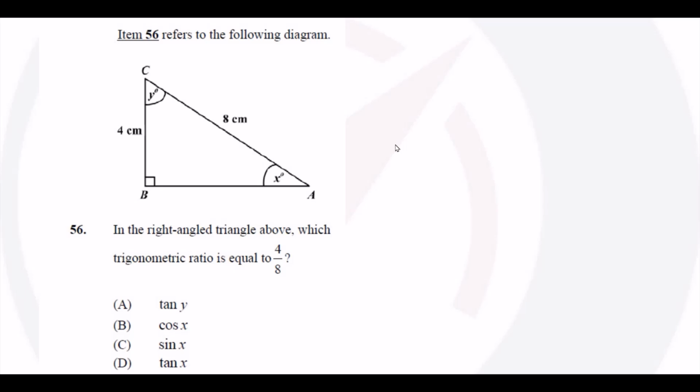Question 56 refers to the following diagram. It says in the right angled triangle above, which trig ratio is equal to 4/8? So you can write them out. 4/8 gives us the opposite, this is the opposite side, and the hypotenuse.